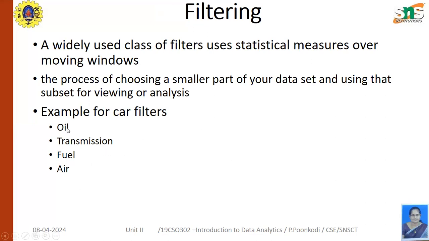These are the different types of filters used in a car. Likewise, in data analytics we use the internal filter, external filter, transmission filters, and Gaussian filters. These types of filters are used to filter noisy data.